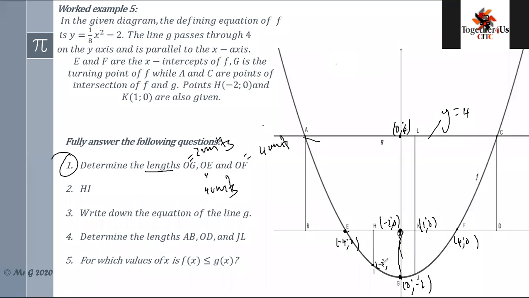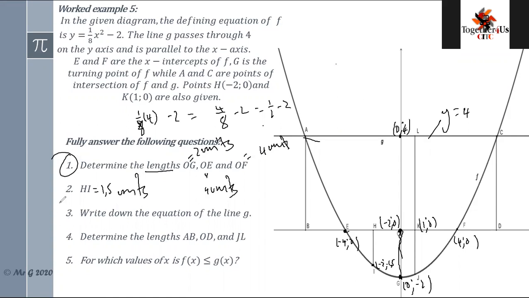I lies on the parabola, so I can substitute -2 into the parabola to find the y value for I. So 1/8 times 4 minus 2. This is 4/8 minus 2, but 4/8 is a half, minus 2. So this is -1.5. So the distance HI is 1.5 units. Once again, not -1.5 units. I'll keep on stressing this.